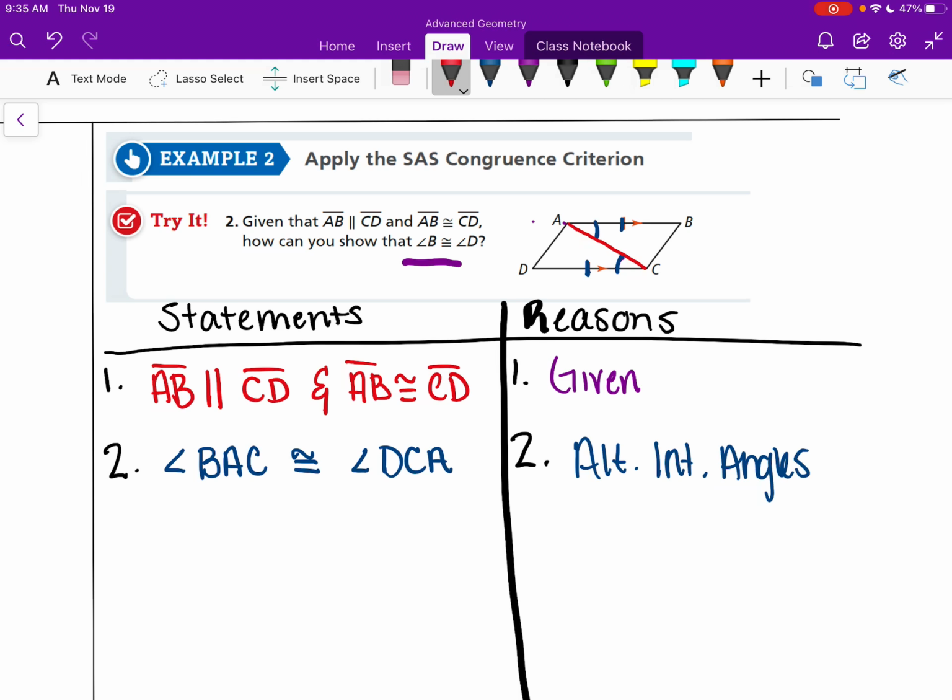And you're looking at it and you're like, well, duh, it's congruent. It's the same segment. But we're going to formally establish this. That's going to be our third statement, that AC is congruent to AC. We're just formally writing that down because we're trying to prove that these two triangles created here are congruent.